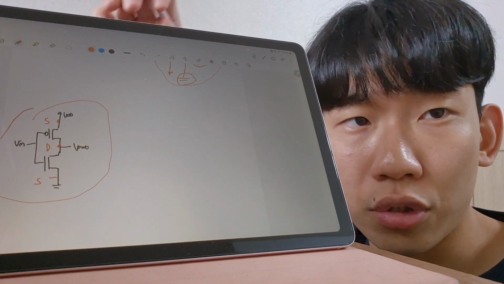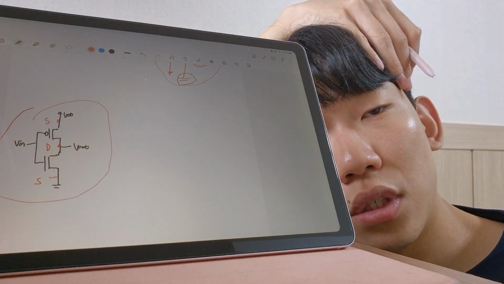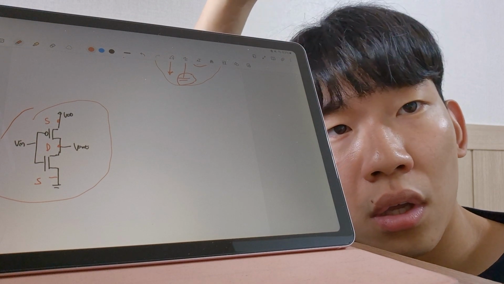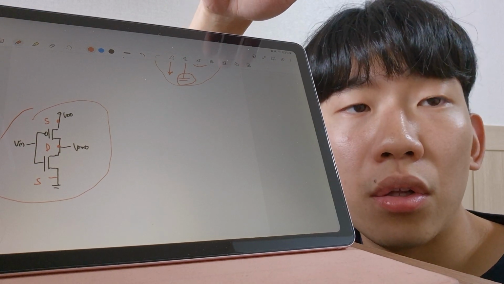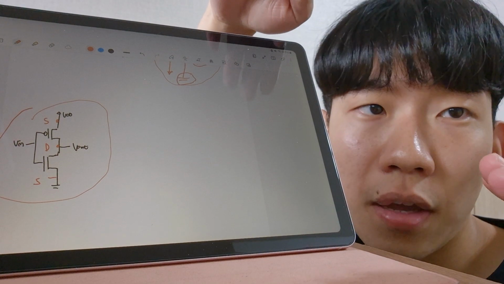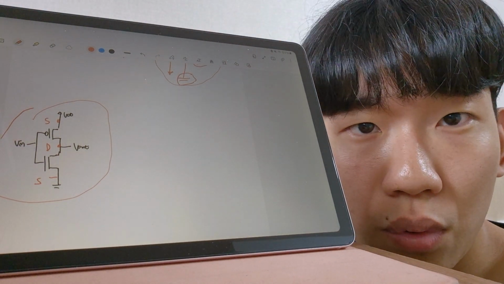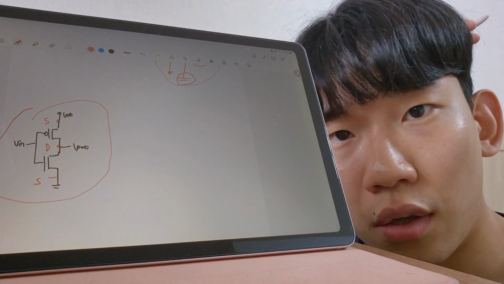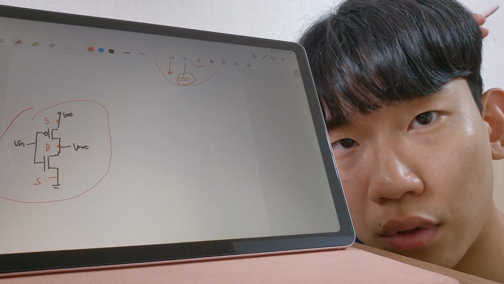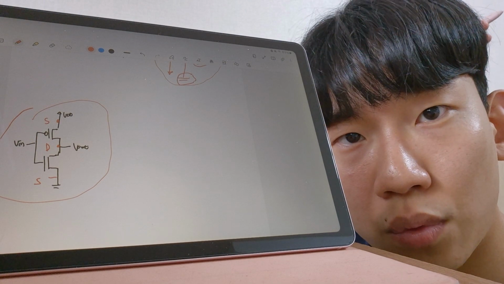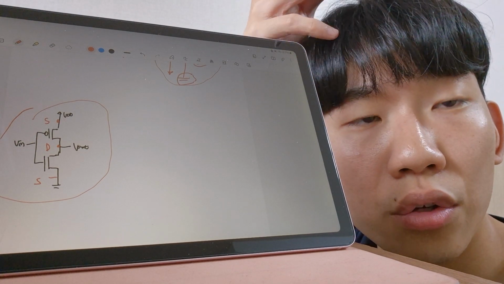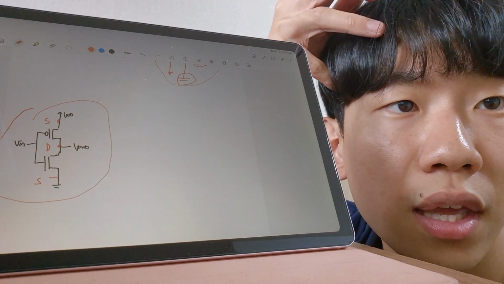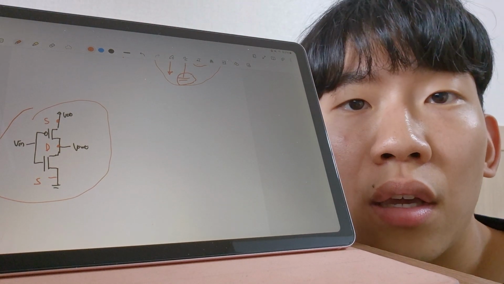Both switches don't turn on at the same time, so there is no drain current from VDD to ground. So this is more useful than a single MOSFET.